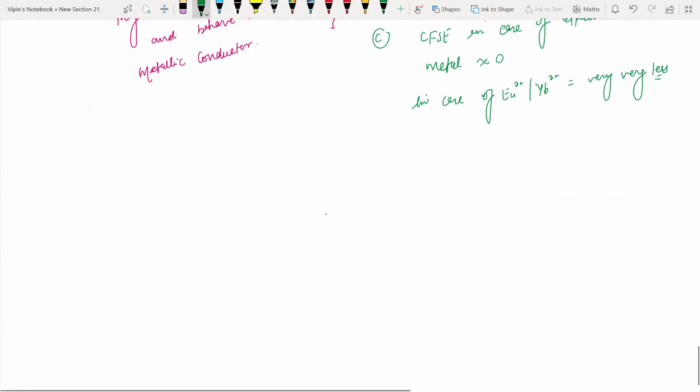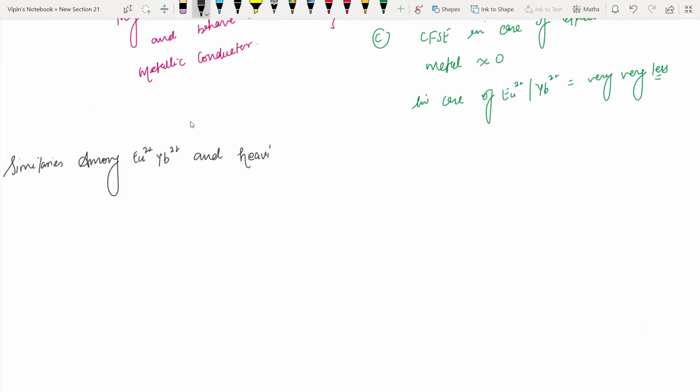What are the properties that are similar? We can write similarities among Eu2 plus, Yb2 plus, and heavier alkaline earth metals.